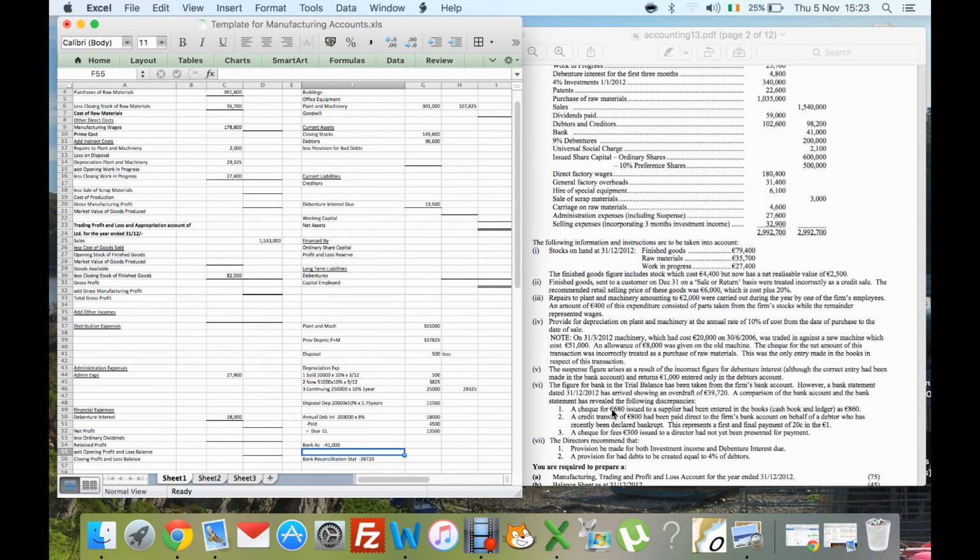So a check for 680 issued to a supplier was entered in the cash book and the ledger as 860. So that means a supplier is a creditor. And when I gave him a check, I reduced my creditor, but I reduced him by too much. So I have to add on the difference onto creditors. So creditors is 98.2, up here. So 98,200.